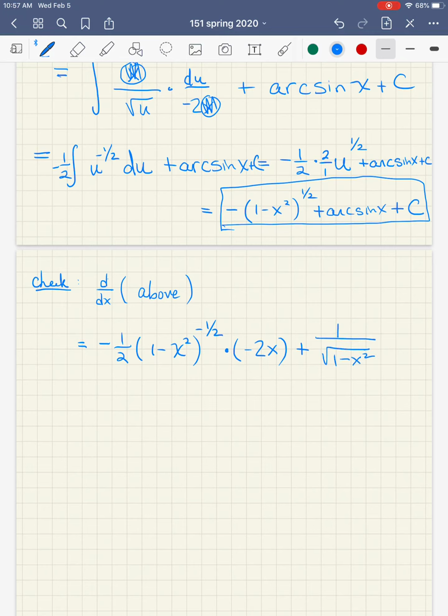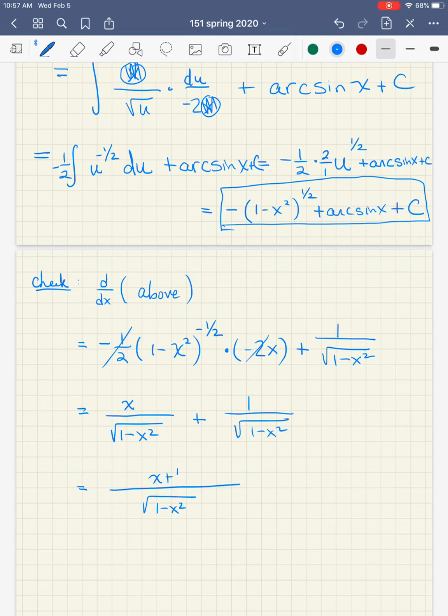And I look at it and I say, oh, well, these minus signs cancel, the 2's cancel. So I get x over, so this negative 1/2 means I have a square root in the denominator. And then over here, I have this, which if we combine using our common denominator, we get exactly what we started with. So the check is complete.